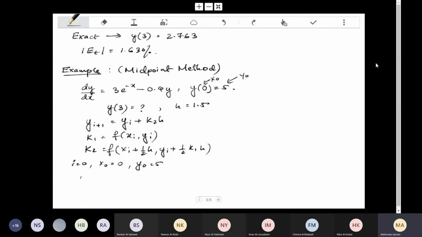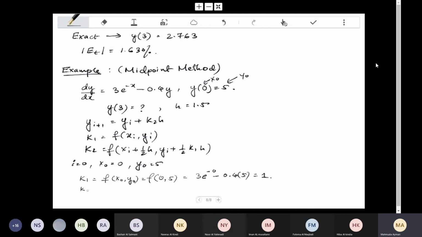So if we start with k1, we'll have the function at x0, y0, which is the function at 0 comma 5. So we'll replace the values here: 3e to the power minus x minus 0.4 times y, and that will give us the value 1 here for k1.